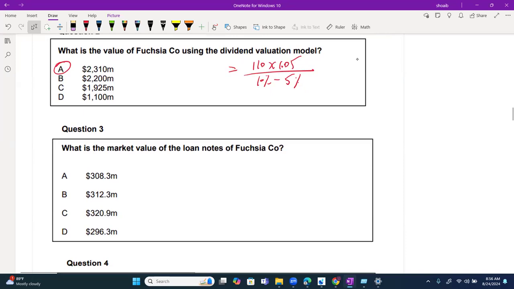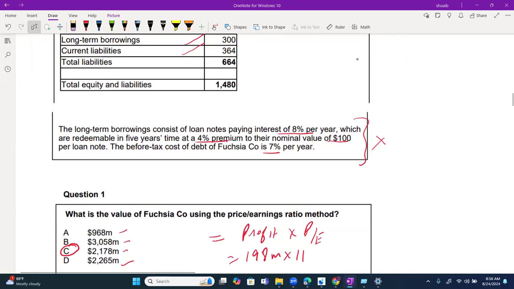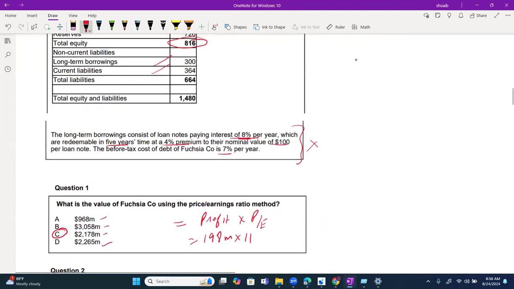What is the market value of the loan notes? 8% interest, which is redeemable in 5 years' time. Remember, never apply tax in market value. It is redeemable at 104. Before-tax Kd is 7%.